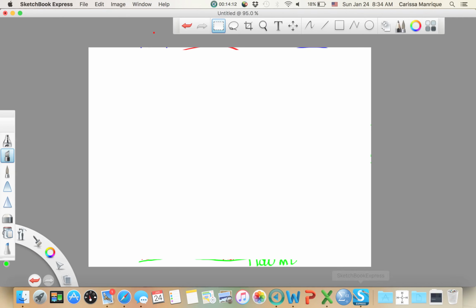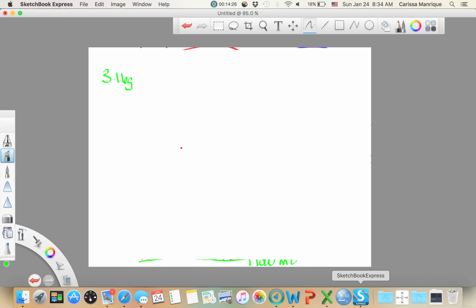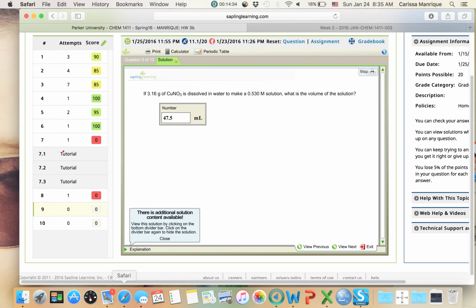So we have 3.16 grams of, I don't remember what we had, copper nitrate, CuNO3, and what was the molarity? 0.53.